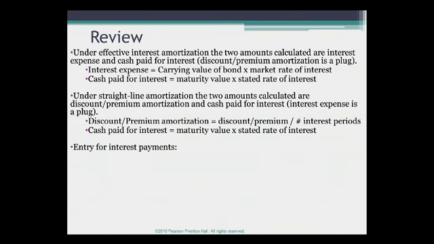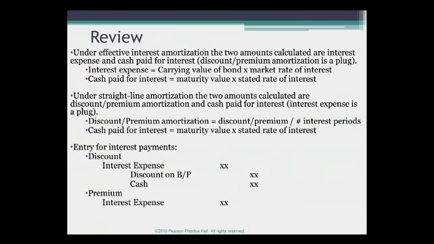You use these along with those interest entries. For a discount, you debit interest expense, credit discount on bonds payable, credit cash. In the case of a premium, you debit interest expense, debit premium on bonds payable, credit cash.